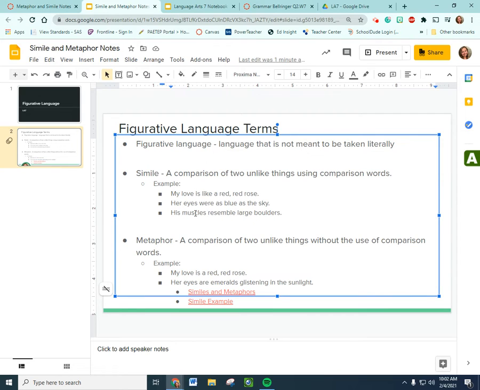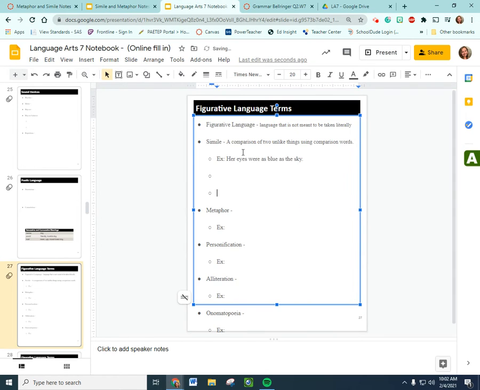It needs fixed. His muscles are like large boulders, instead of resemble. There we go. So you can choose whichever one of these examples you like. I'm going to choose her eyes were as blue as the sky, and I'm going to paste it in as my example.